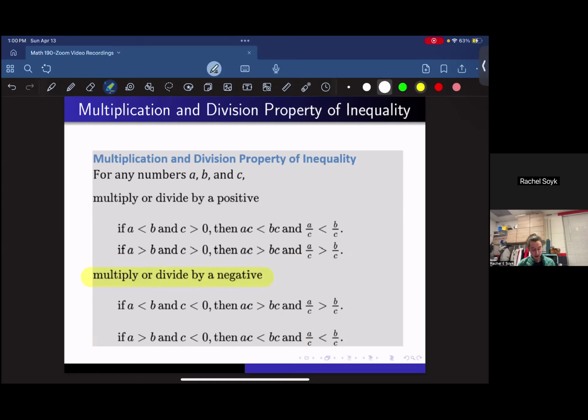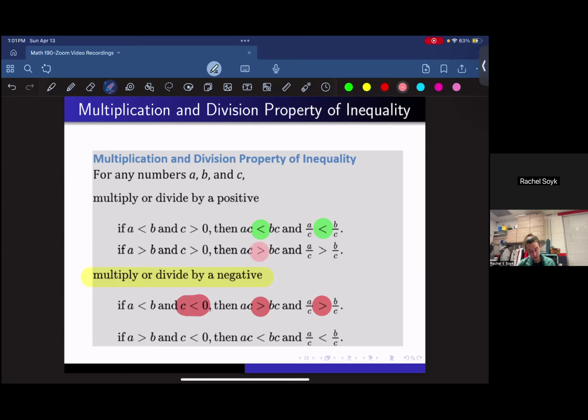So if we have A is less than B and C is less than 0, aka C is negative here, then our AC is now going to be greater than BC. So instead of it being less than, which is what we had before, our inequality flips direction.